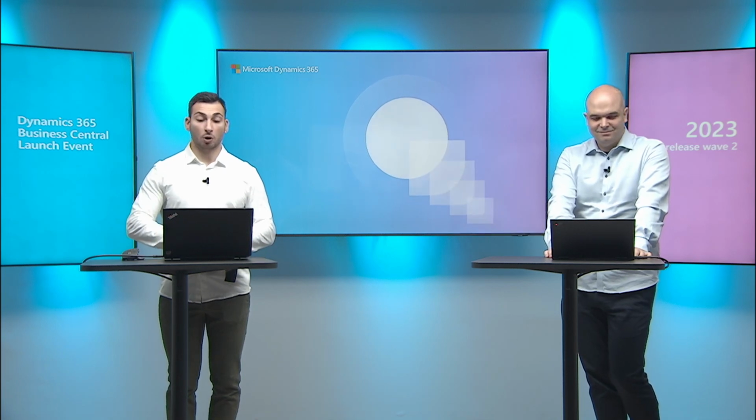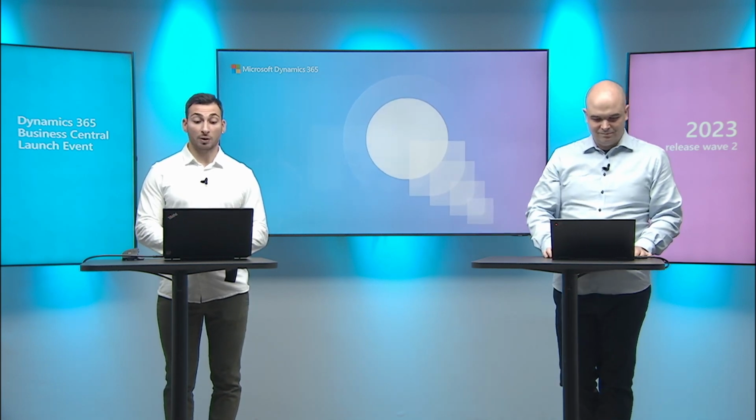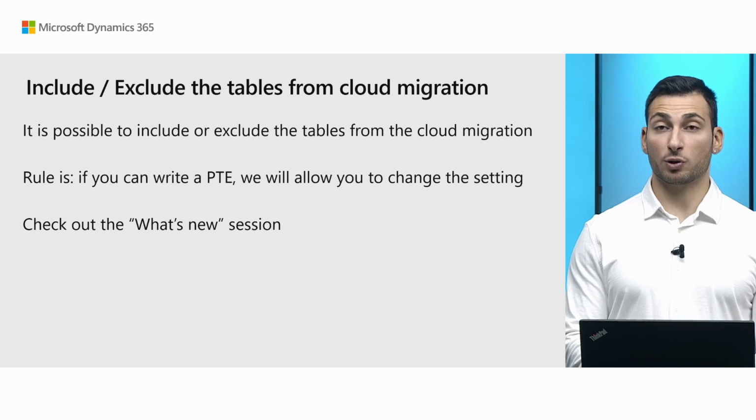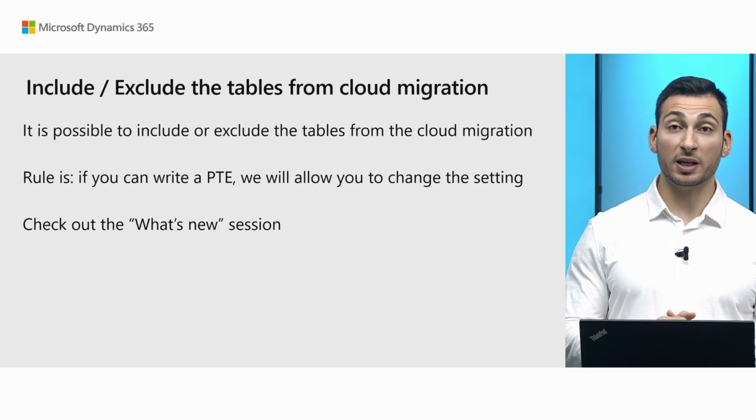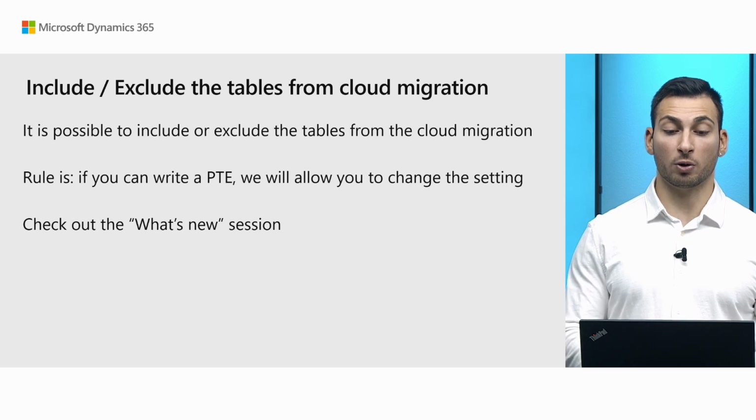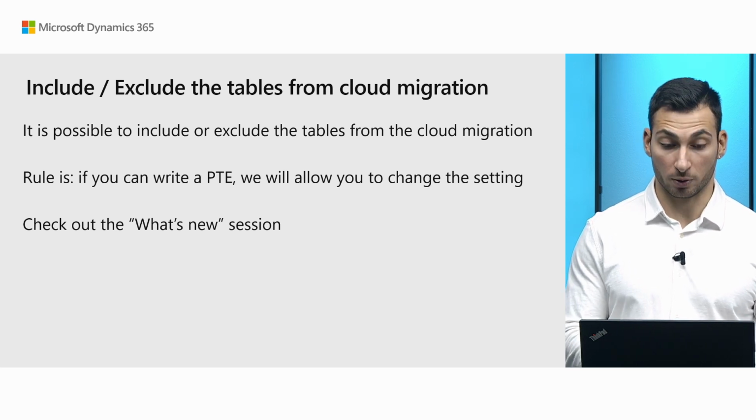So now let's talk about some things that we want to call out, still related to the setup step, although we will not go into a lot of details here because there will also be the What's New in Cloud Migration session that will elaborate more into details. Yeah, so the first thing is that we want to call out the ability now to selectively include or exclude tables from the cloud migration.